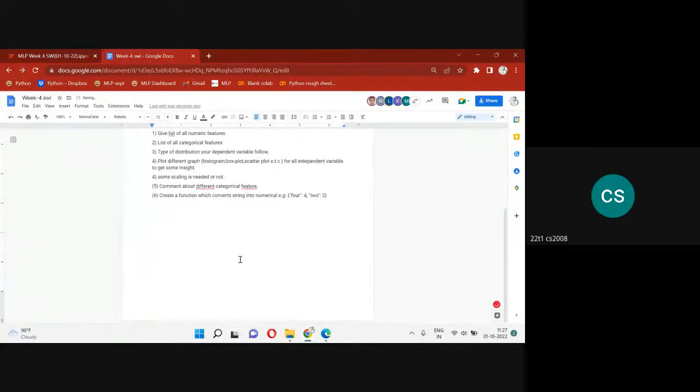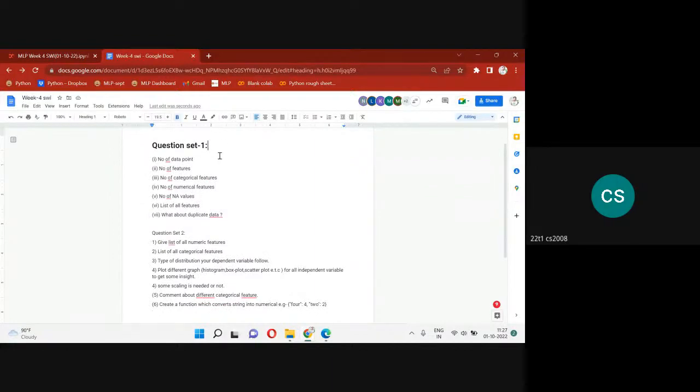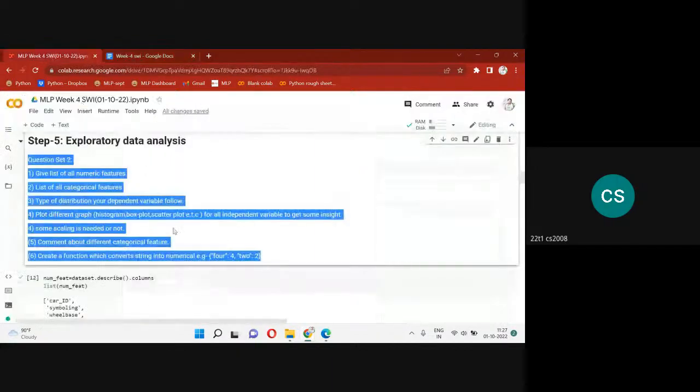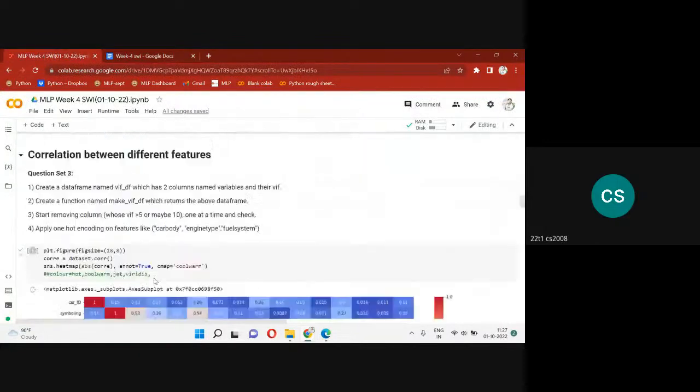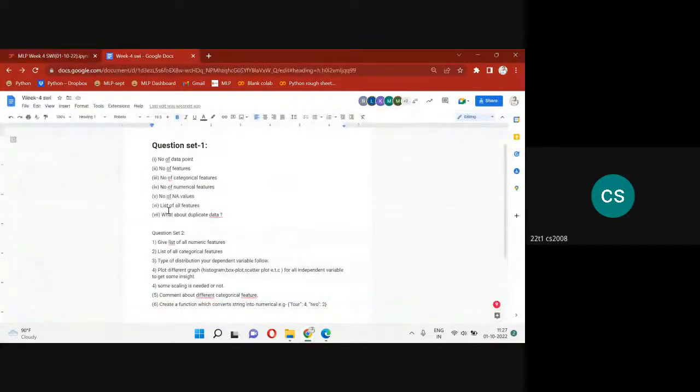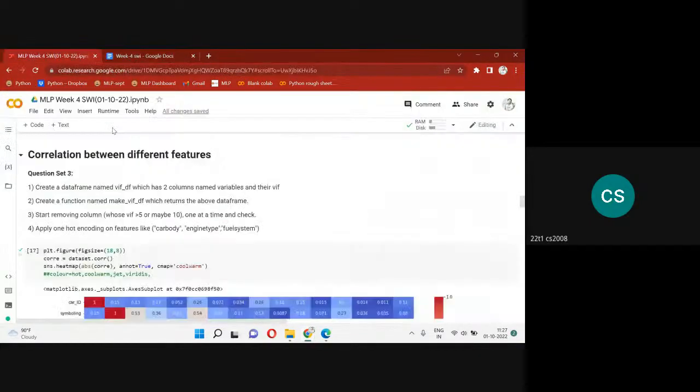And after that, you can add new pages in this sheet, and just write your name at the top, and below that you can answer all the questions. Okay, so that you can do here. For now let's skip these, these two sets only.